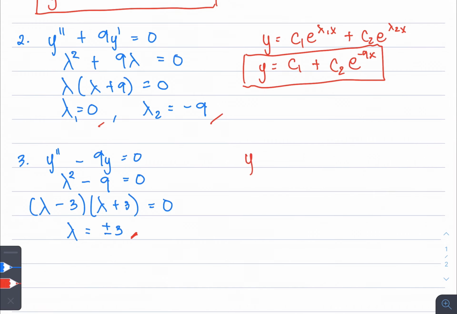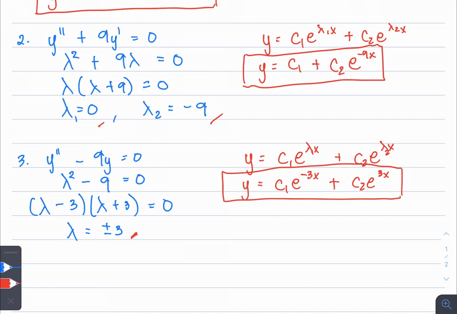Kung mapapansin nyo yung format, it's essentially the same: c1 e lambda 1 x plus c2 e lambda 2 x. Let's substitute the lambda values. So you have c1 e minus 3x plus c2 e 3x. Okay? Yun lang yun. Plug in yun lang si lambda.